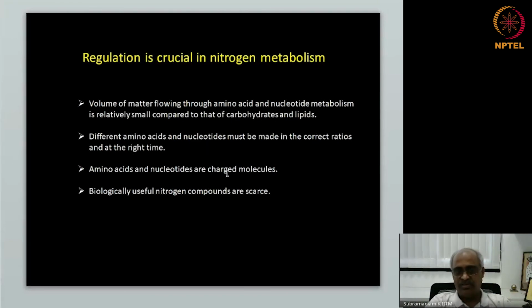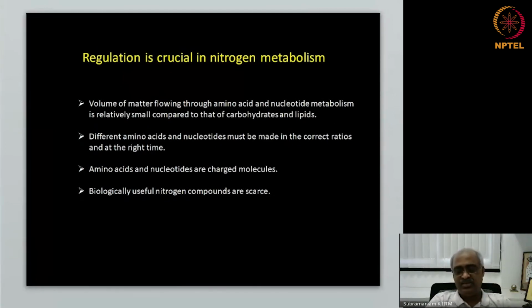Then you don't want charge gradients there, another reason why it should be regulated. And the resource is very scarce, so you need to use it judiciously. So these are the four reasons why this metabolism is a lot more fine-tuned and regulated relative to the other two, carbohydrates and lipids. They themselves are regulated as well. This is even more stringently regulated.